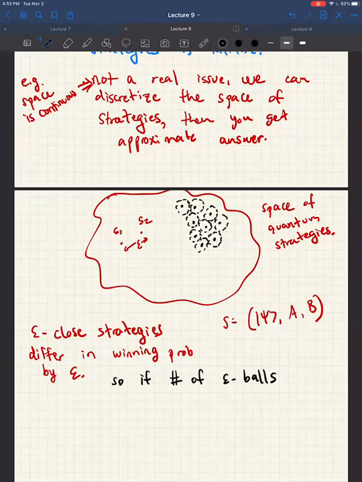If you only perturb the strategies by epsilon according to, let's say, trace distance, then that only changes the winning probability by epsilon. Is there a chance here for discontinuities in the epsilon landscape? No, this space is continuous. Okay.